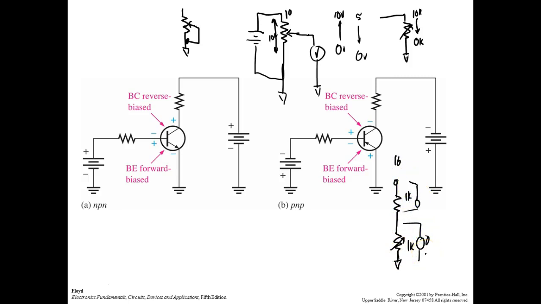But I'm doing it by changing the current flow, right? If I drop this down to 0K, then the top resistor is going to drop all the voltage, and the pot is not going to drop any. But how is the rheostat changing the voltage? Well, it's changing it by changing the current flow in the circuit, right? Does that make sense?